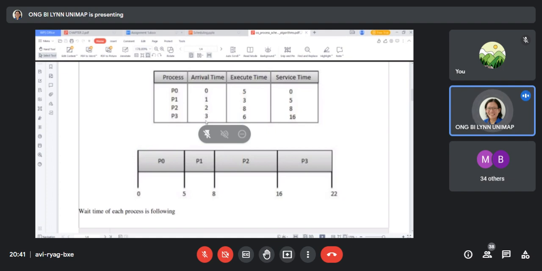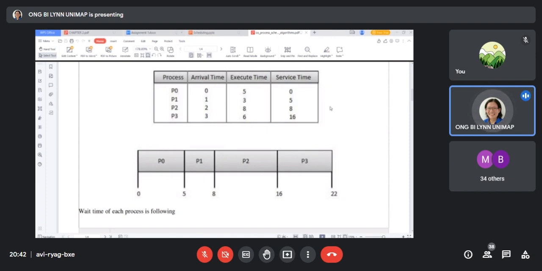At 3 seconds, you have P naught, P1, P2, and P3. The duration for P naught is 5, for P1 is 3, for P2 is 8, and for P3 is 6.